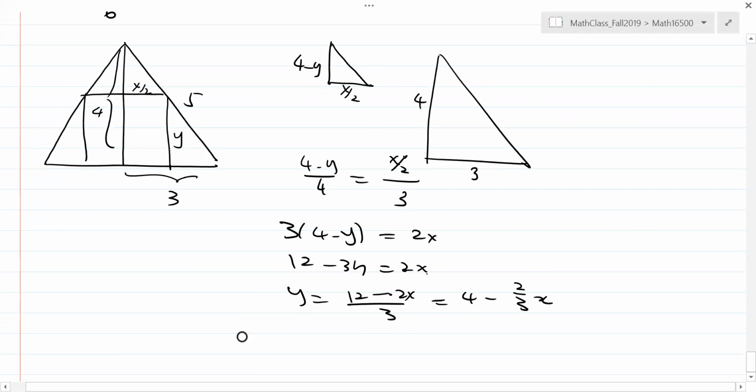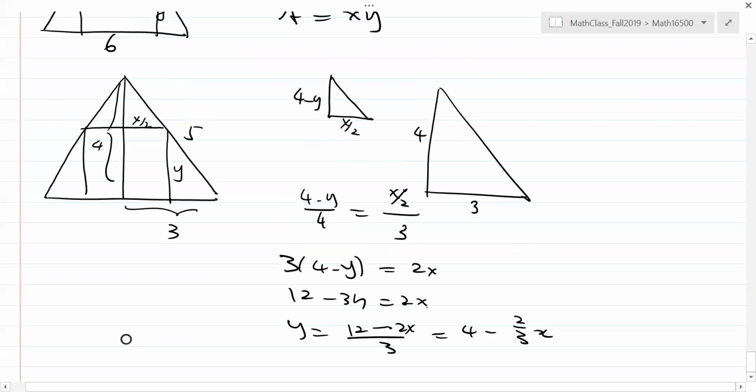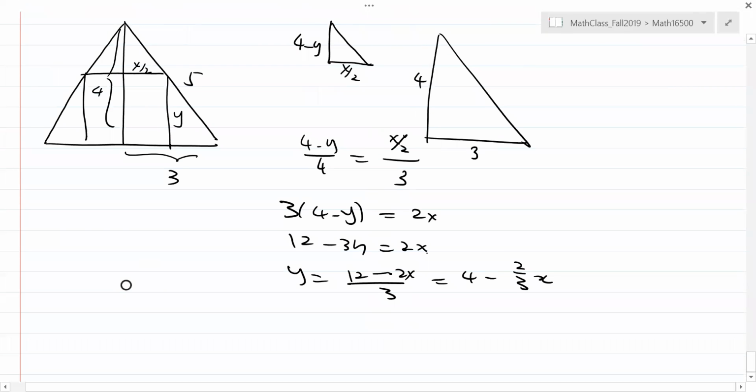So this is the y value. When x equals 6, y is going to be 0. When x equals 0, y is going to be 4.